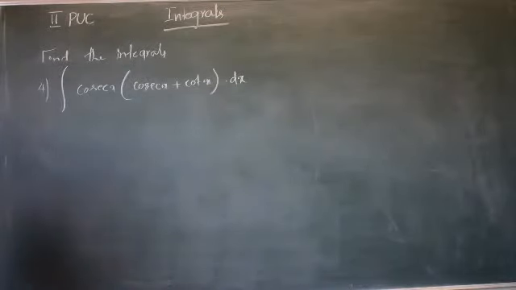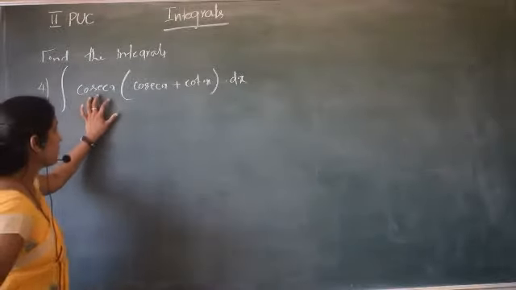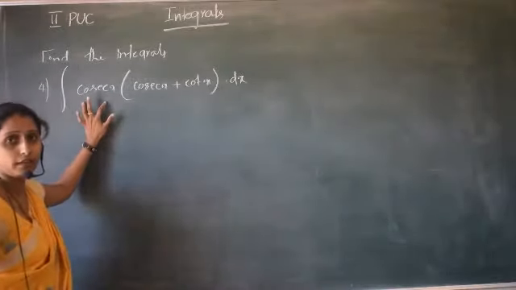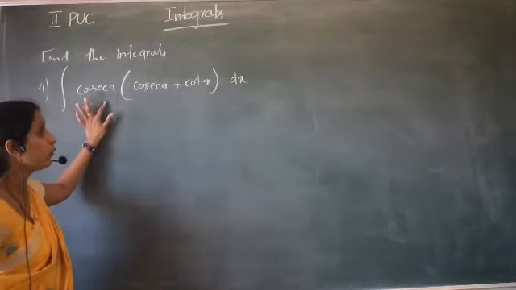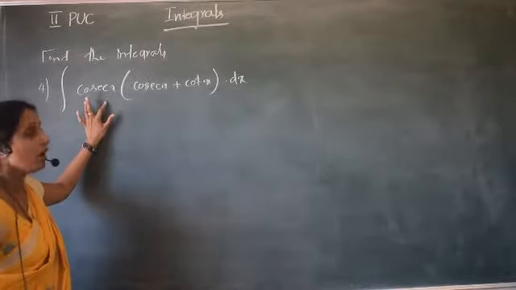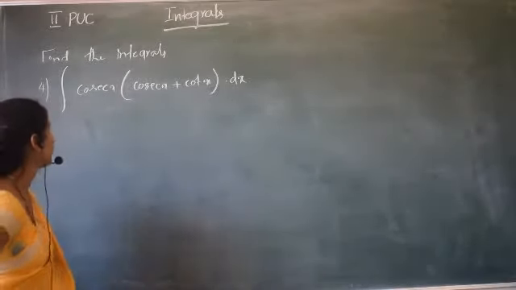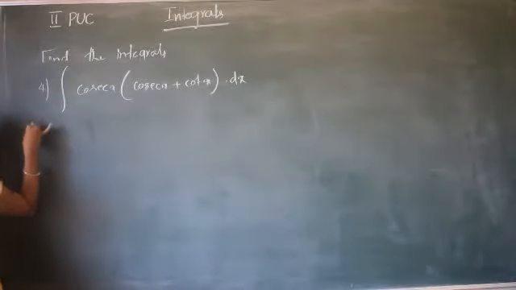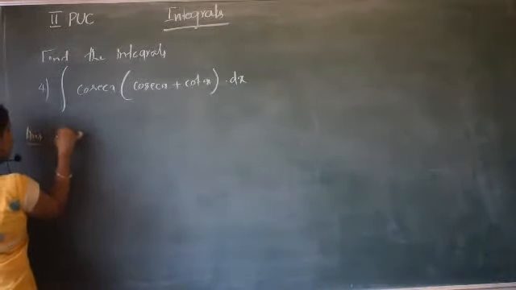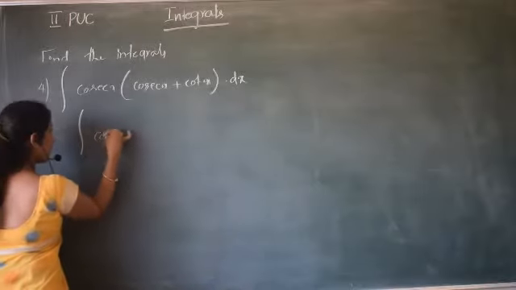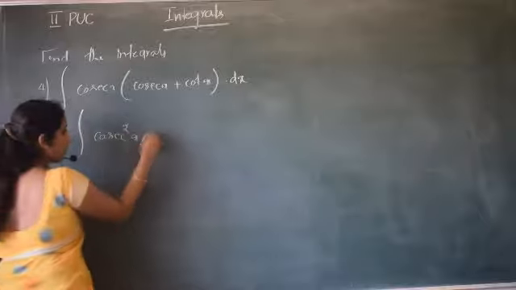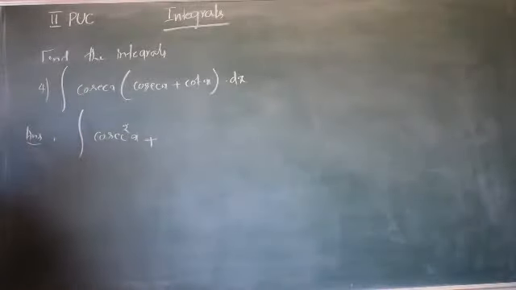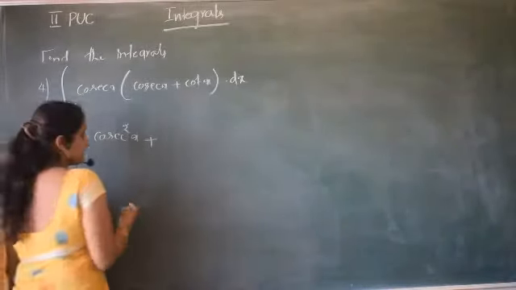Now we cannot find the integral value directly, because it is a product, and we don't have a product formula or a quotient formula in integration. We have all that only in derivatives. So what we have to do now is multiply this. So when we multiply, we get the integral of cosec square x plus the integral of cosec x into cot x.